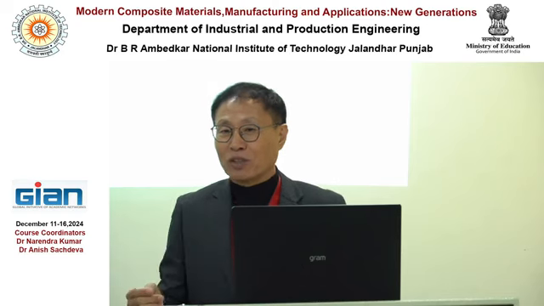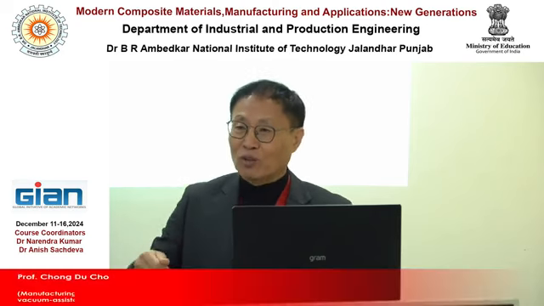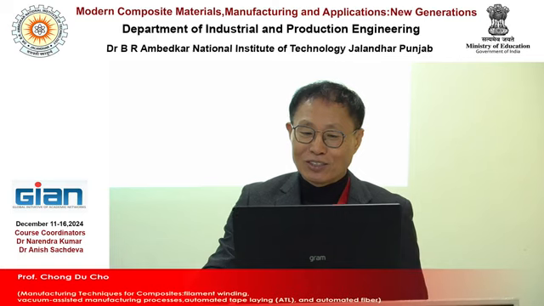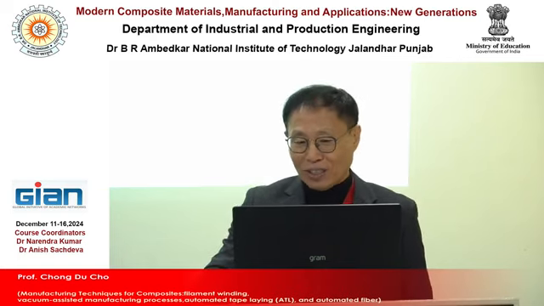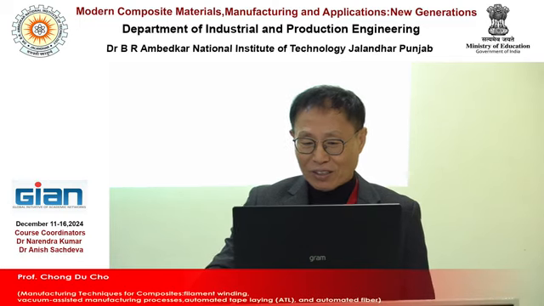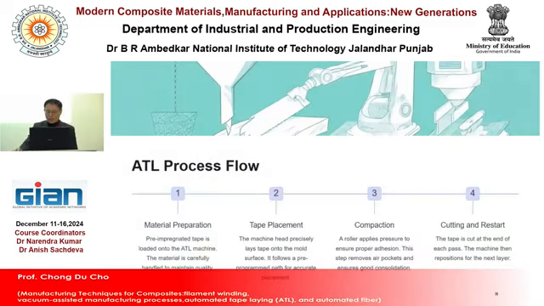But now the robot hand uses a big roller. So its compaction pressure is very, very accurate. Right? As a result of this compaction, it can remove air pockets and ensure good quality consolidation.